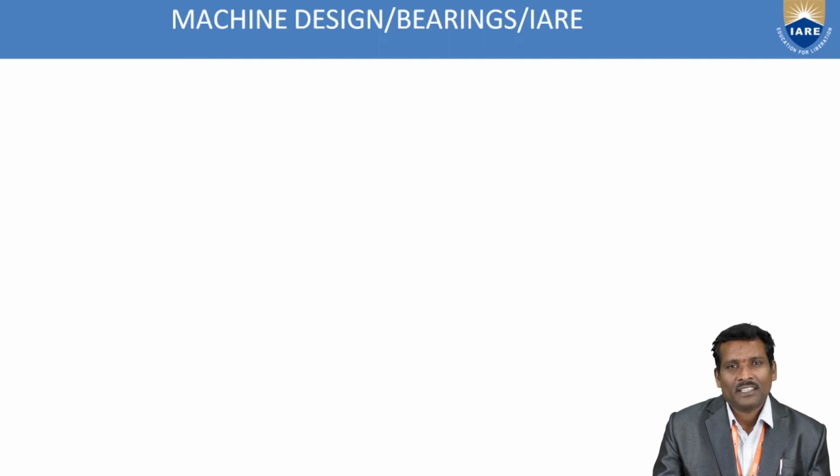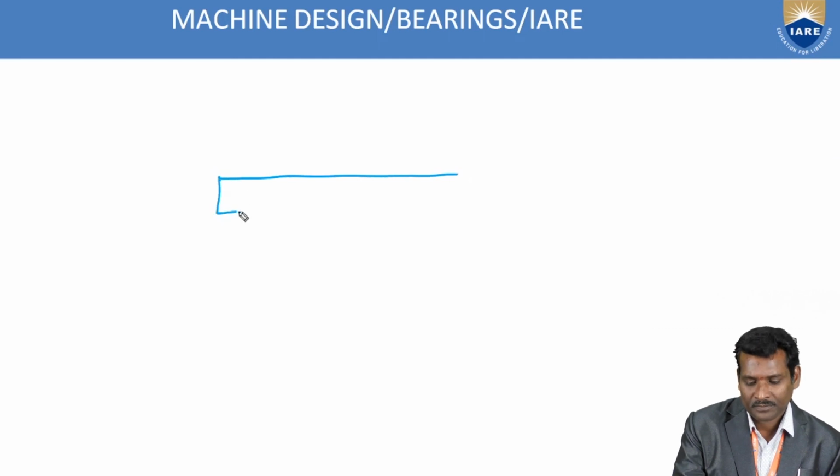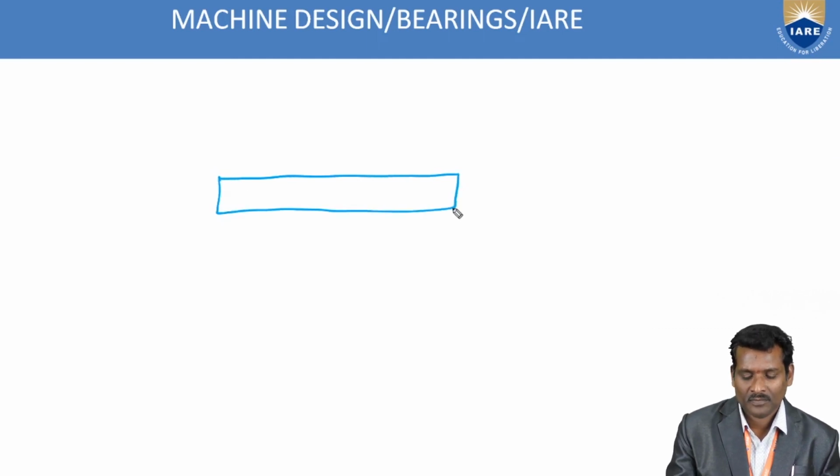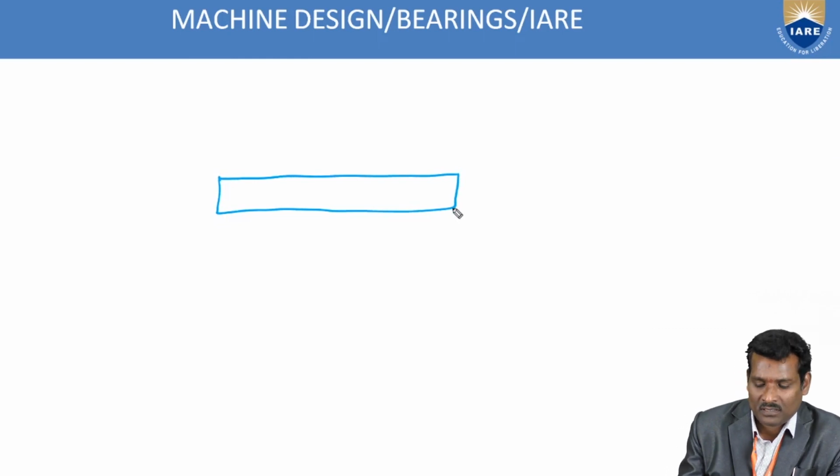So generally, bearings are used in machinery for supporting. So why is a bearing required? What is the mechanism behind the bearing? I will explain now. The best example, take one shaft. This is a circular shaft.